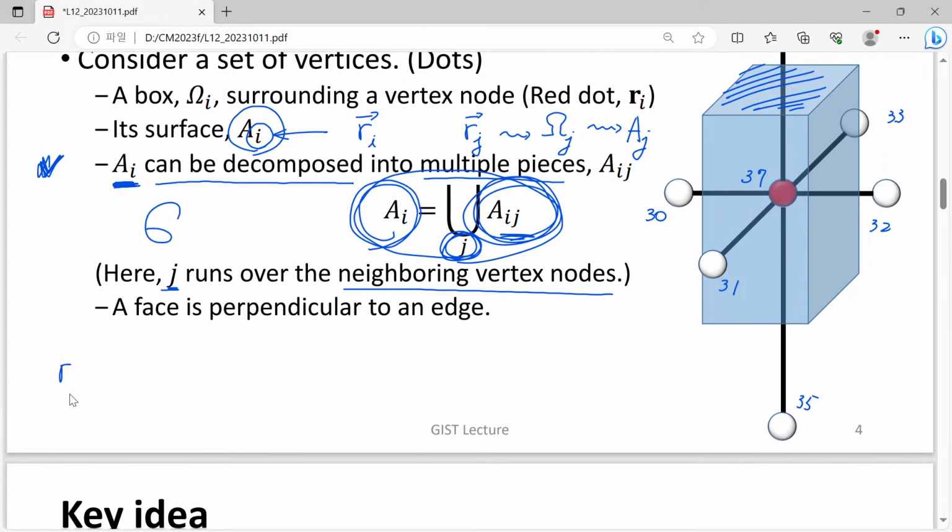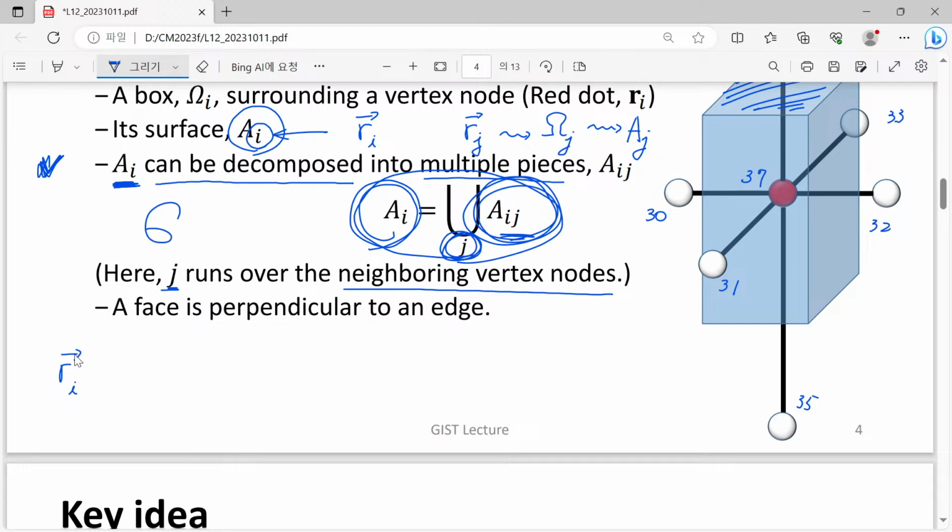When we have a certain R sub I, or certain position, then we can build a volume, a box, and the box has its surface, and we can find many different sub-surfaces, and each sub-surface corresponds to another vertex R sub j, which is why we call it A sub ij.